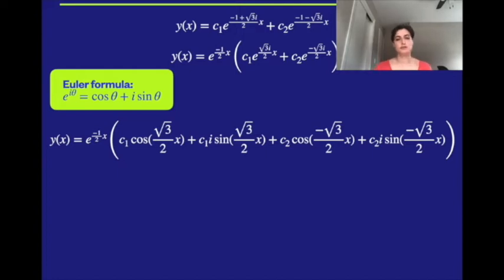On the other side, I now have the imaginary number in front of the sine, so it hasn't disappeared just yet. And here I remember that cos(A) is equal to cos(-A). It's an even function, and sine is an odd function: sin(A) is equal to minus sin(-A).